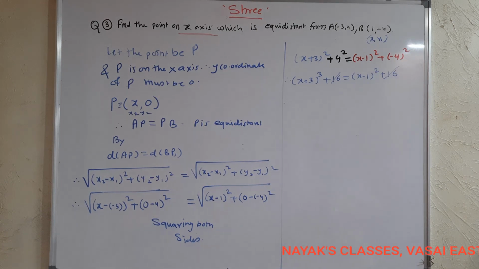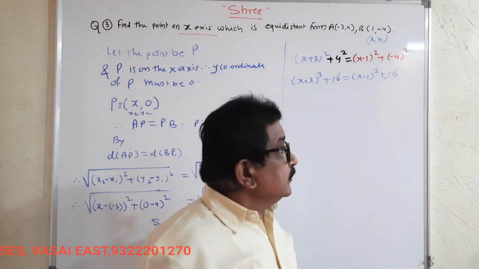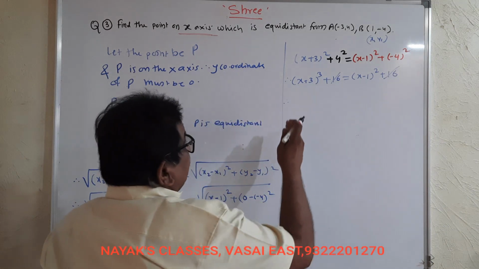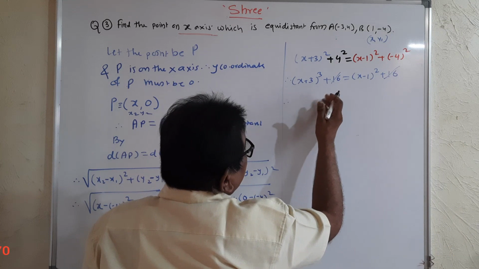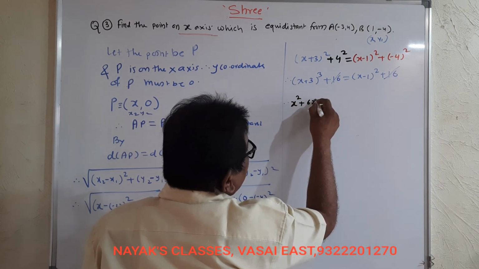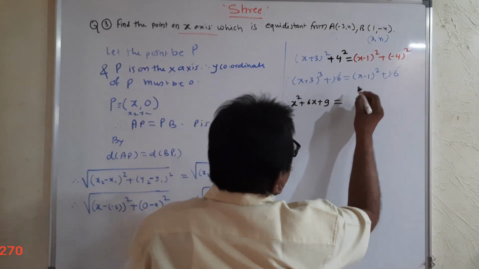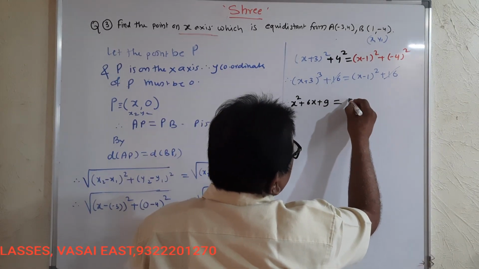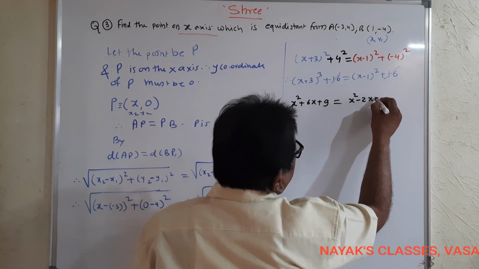When you expand these brackets, a plus b the whole square is a square plus 2ab plus b square, so x square plus 6x plus 9 is equal to, with a minus b the whole square, x square minus 2x plus 1.